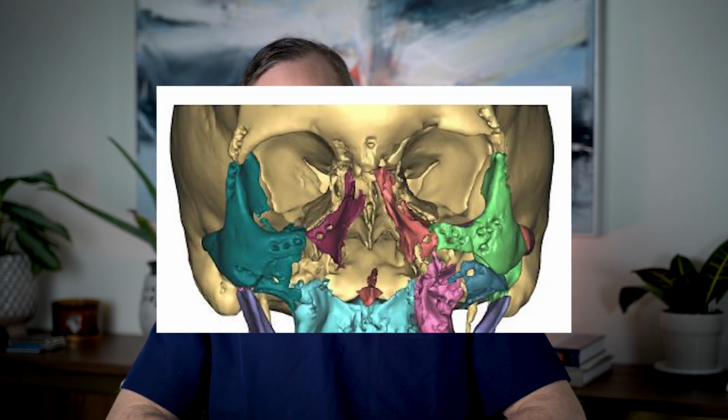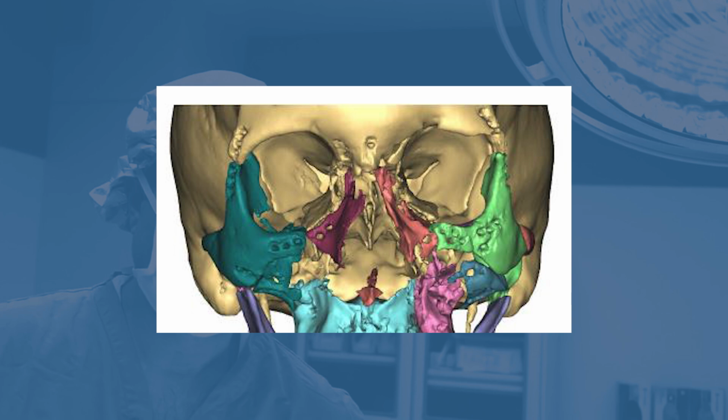So with the 3D planning and tools that we have, there's ways by which we can move the picture frame around the orbit to change the position and inclination. At times this can be down in and around the face and does not need to involve the forehead.